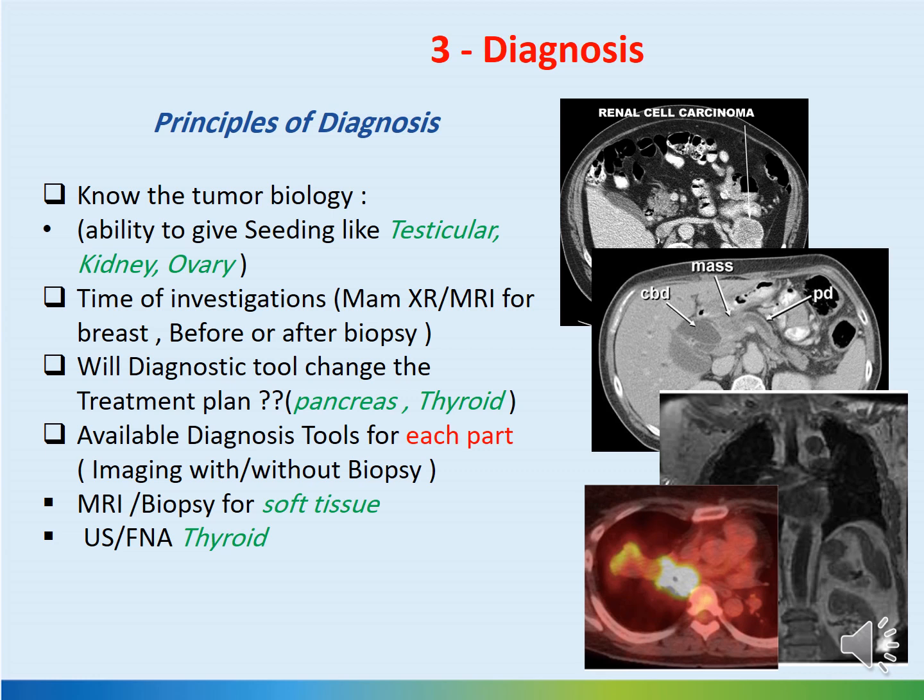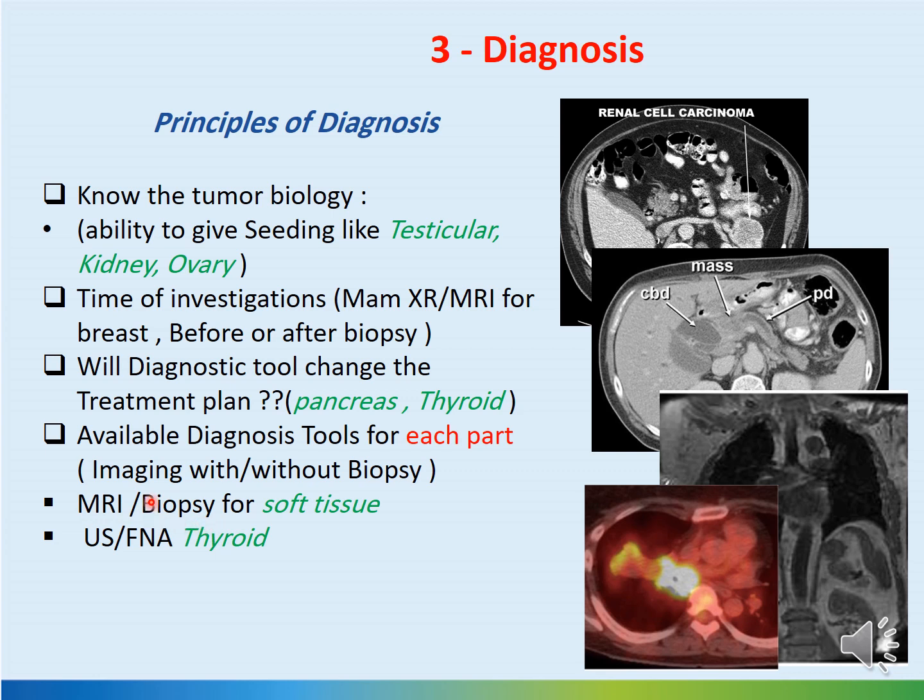For example, MRI is very, very sensitive for soft tissue tumor and cancer. So if I suspect a tumor or cancer in the soft tissue, it is better to request the MRI, not a CT scan.